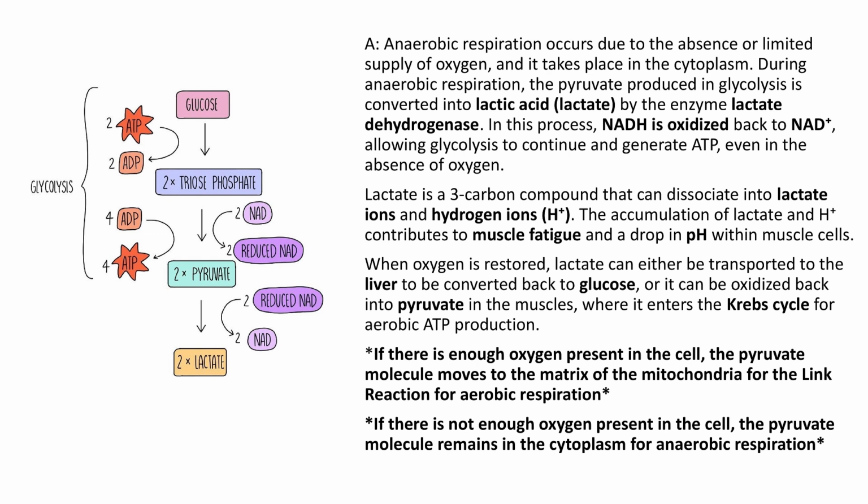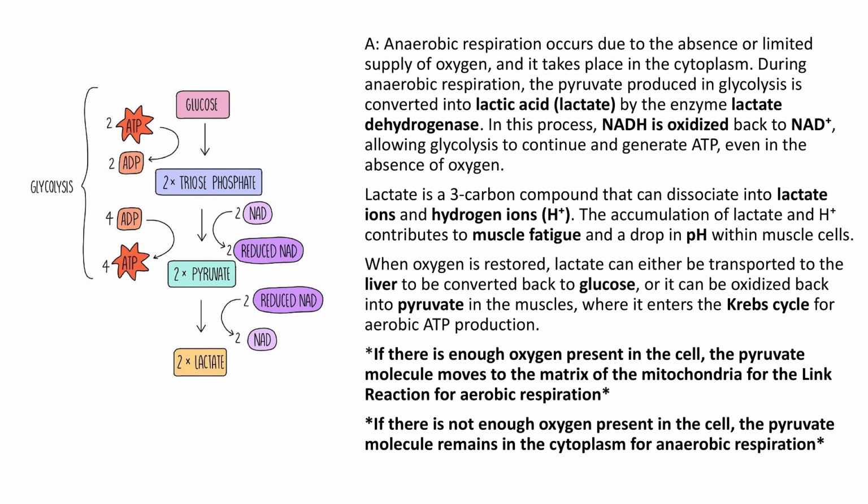Moving on, in this process, NADH, which is the reduced NAD, is oxidized back to NAD, which means that the NADH loses a hydrogen atom and thus becomes oxidized to NAD+. This allows glycolysis to continue and generate ATP even in the absence of oxygen.